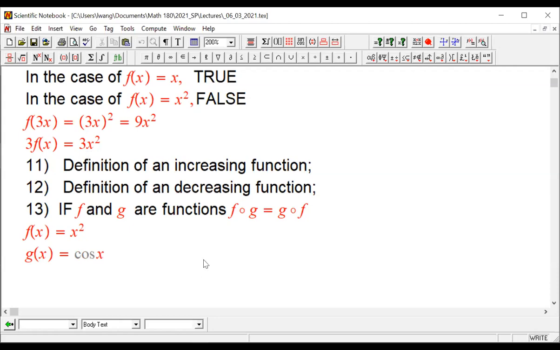And the difference between the two functions is one is cosine square x, and the other one is cosine x squared. What a difference. Of course, there's a difference, and it will have a consequential effect on the understanding of this.